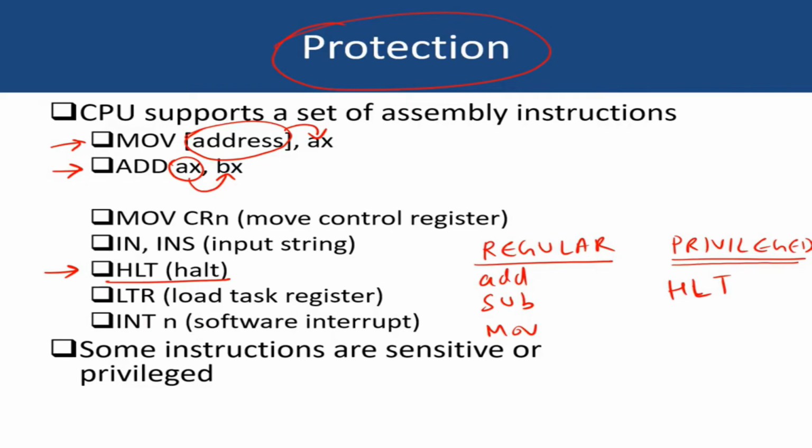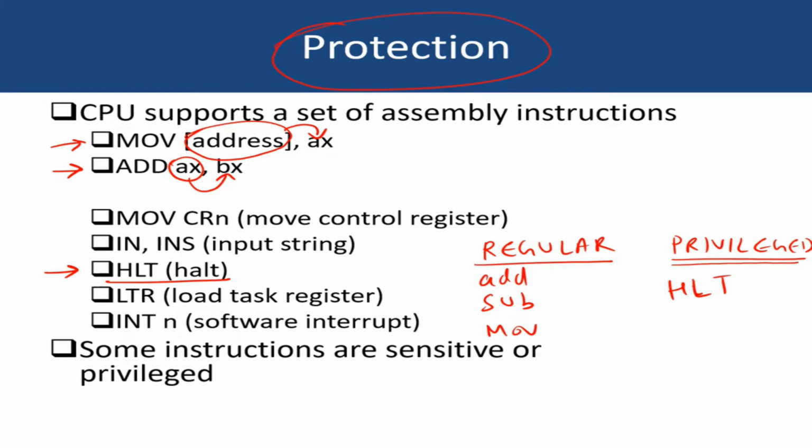When the halt command is executed, the machine halts. The machine perhaps shuts down. Once the machine is down, no process can execute on the machine. No users of the machine would be able to access any of the system resources. So executing halt not only affects the process that issued this halt instruction, but also all other processes in the machine.